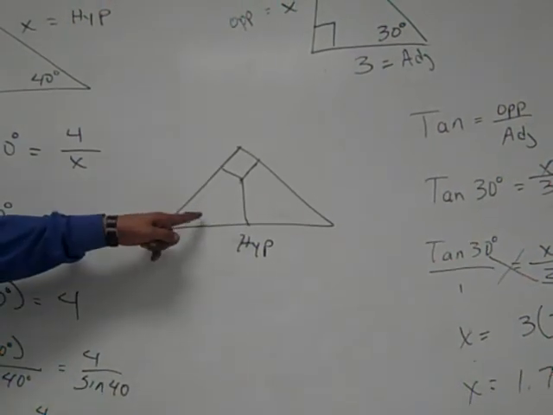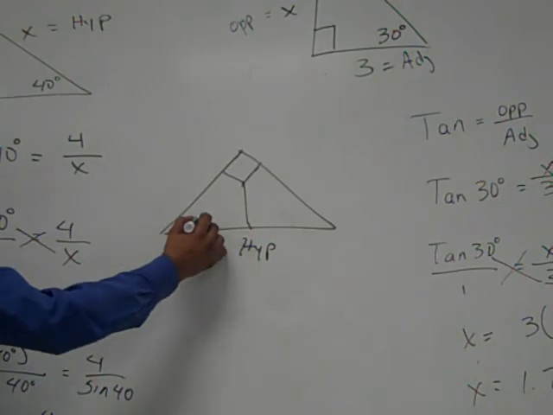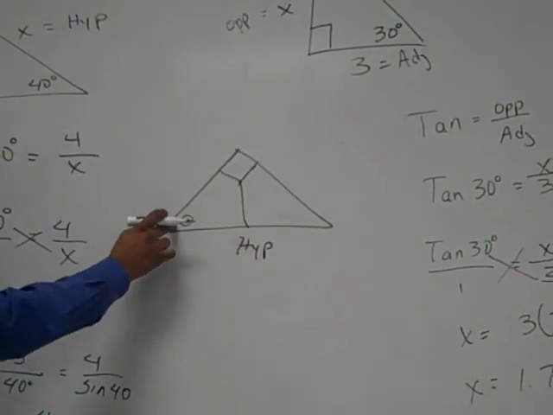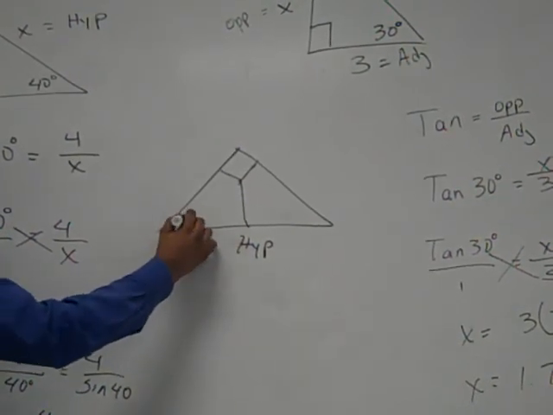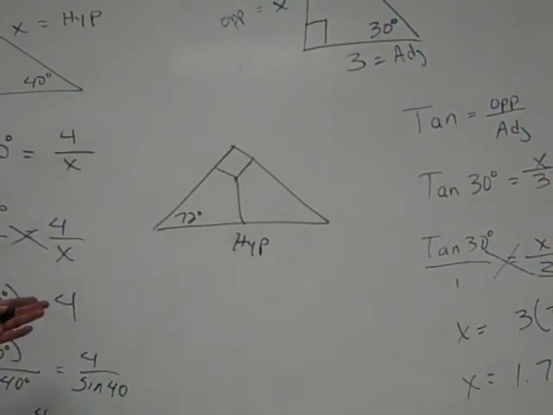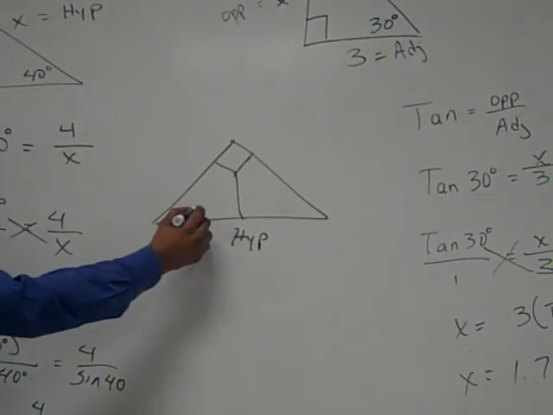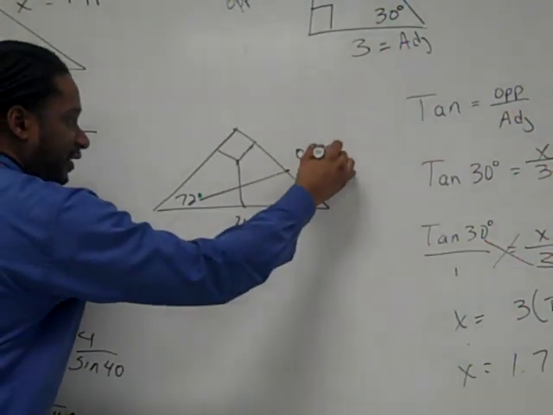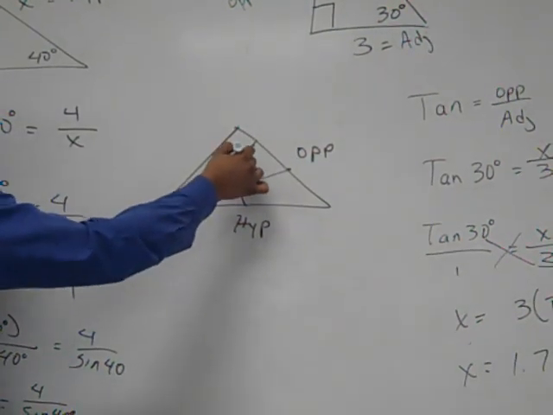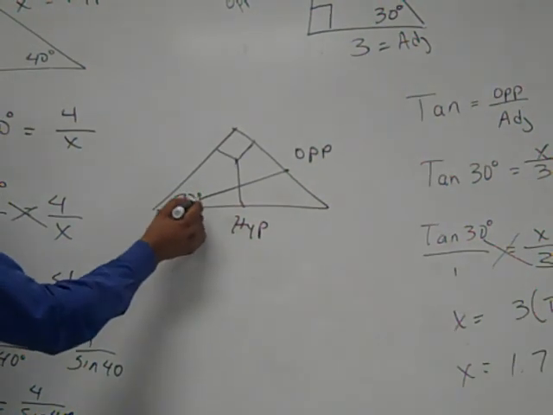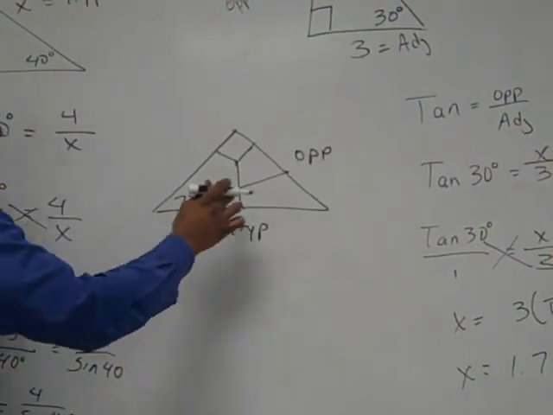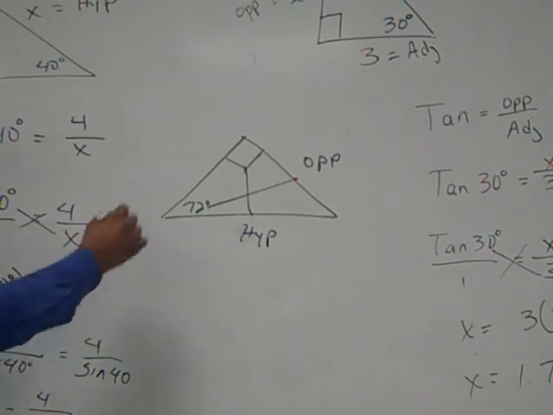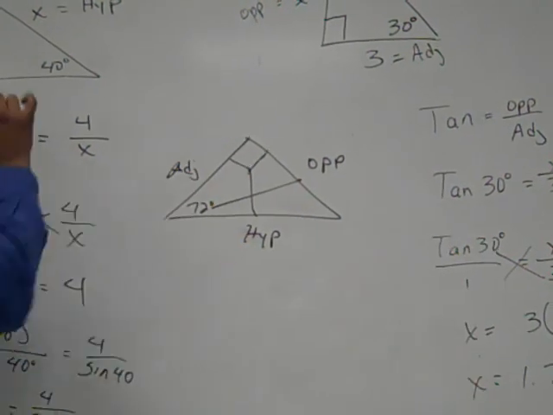Okay? Now to find the opposite side for theta, say they put 72 here. So I'll put 72 degrees. And you're like, Mr. Talib, I don't know where the opposite side is. Go to 72 and draw straight across. That's your opposite side. Now, if I go to my little box and go across, that's my hypotenuse. I go to my angle and go across, that's opposite. This side has to be what? Adjacent. Okay?